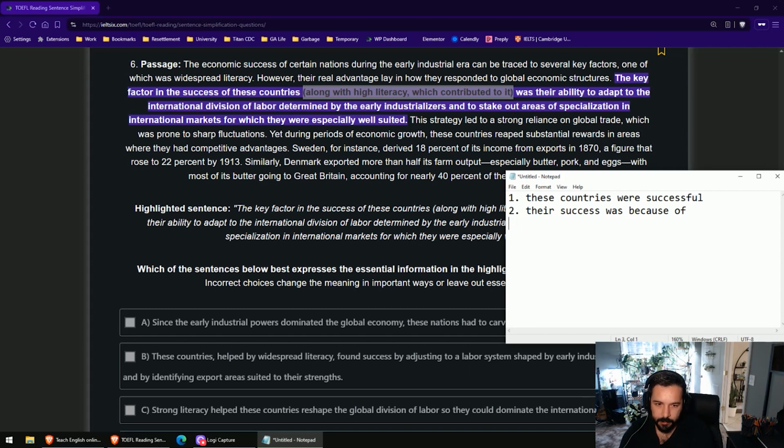A, let's put it here, it says, along with high literacy, which contributed to it. So one of the reasons is lots of people could read and write. That is literacy, and it was a high rate, meaning a lot of people were literate. Was their ability to adapt? So it was the ability to adapt to something, and the something is the International Division of Labor that was determined by the early industrializers.